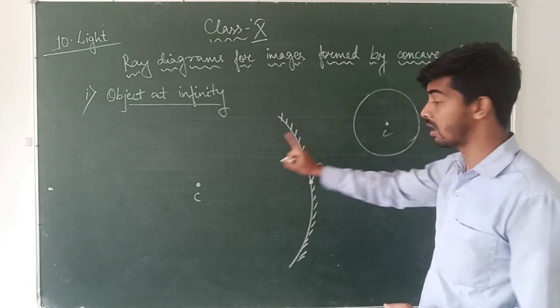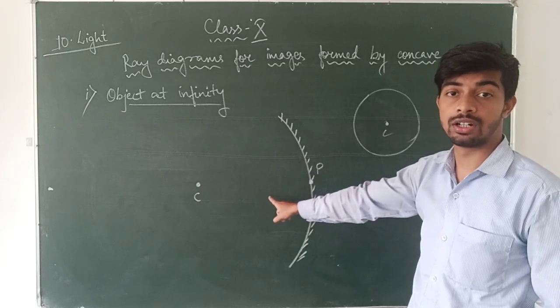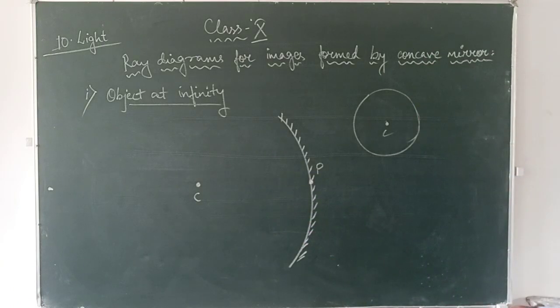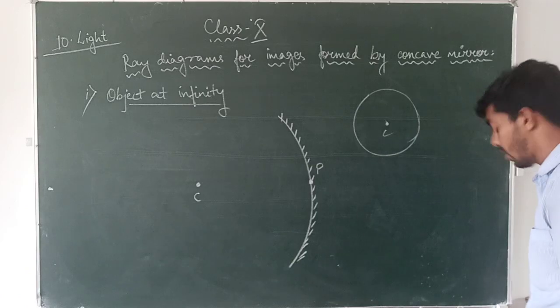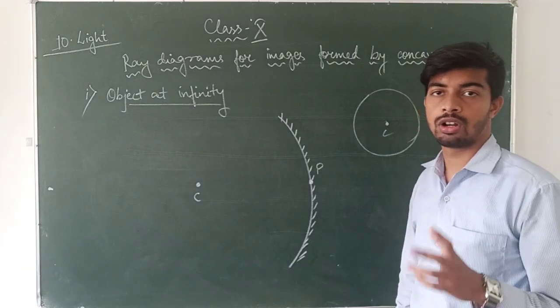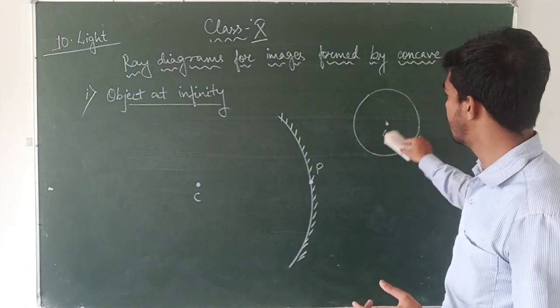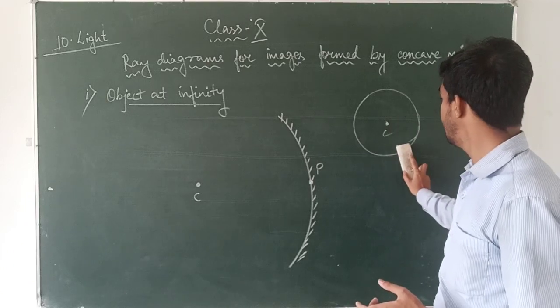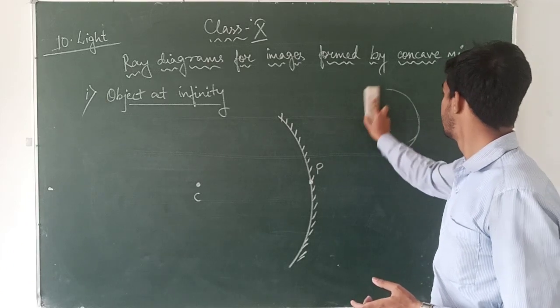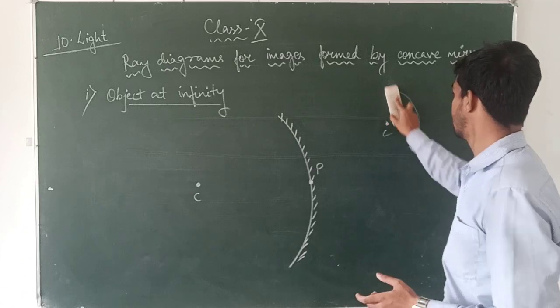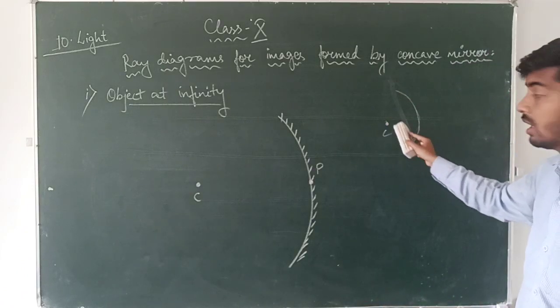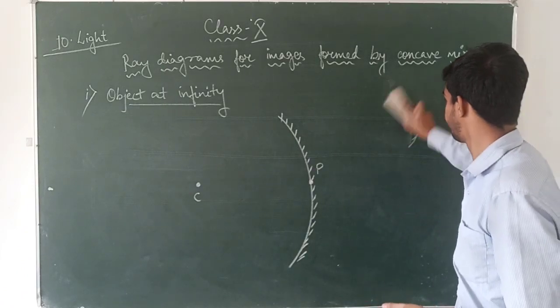This center is known as the center of curvature. A mirror is a part of a sphere or a circle. So if I draw a circle, I will get a center, and if I remove this part, I get the curve of the mirror. Accordingly there will be the center.